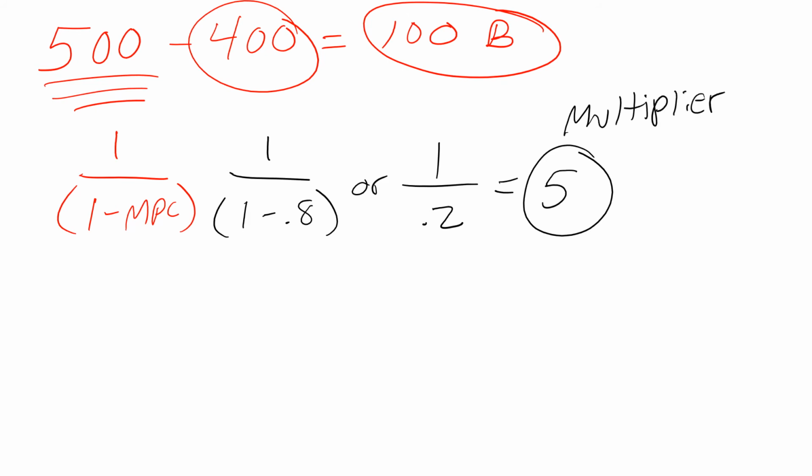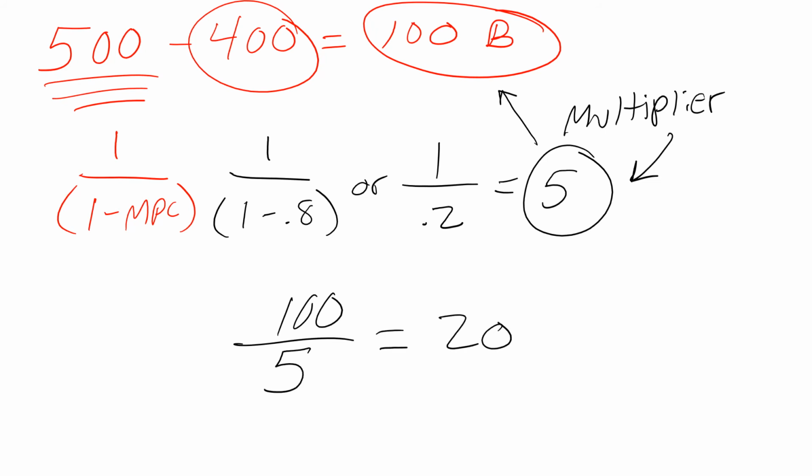And this is going to be really key to answering this first question, okay? So what we want to do is figure out what we need to multiply times 5 to equal 100 billion. Not too hard, right? What you could do is just take 100 and divide that by 5. That'll give you the answer, 20. So in other words, we would need 20 billion of government spending.